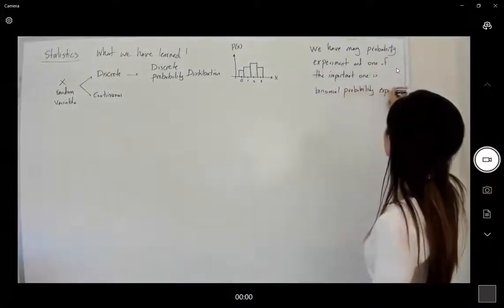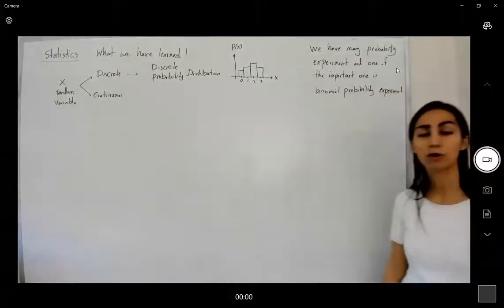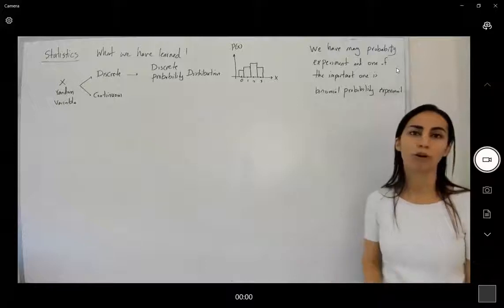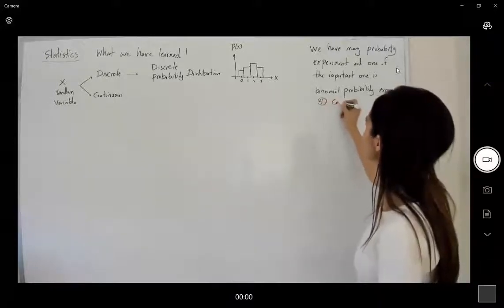Remember that for a binomial probability experiment, we had 4 important conditions to be checked.